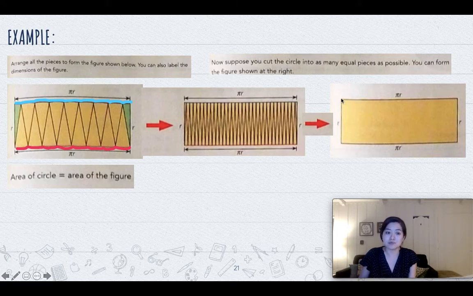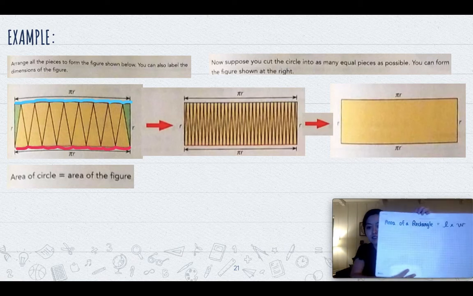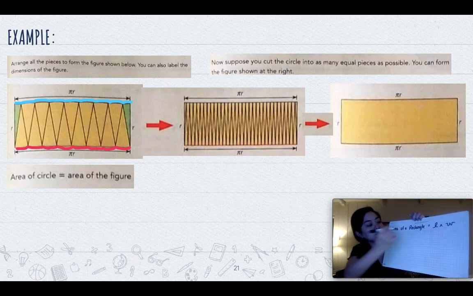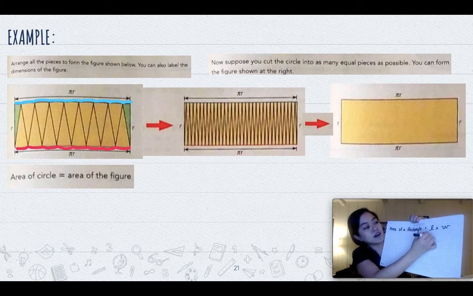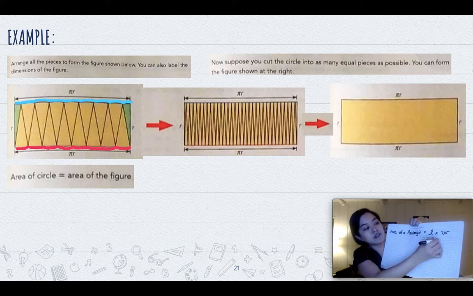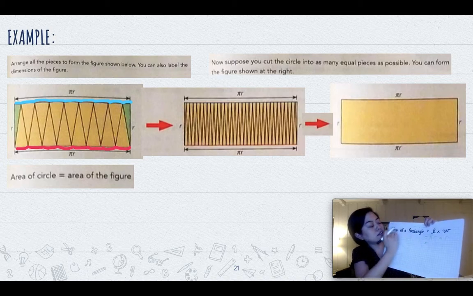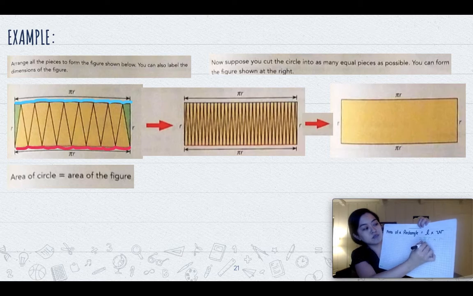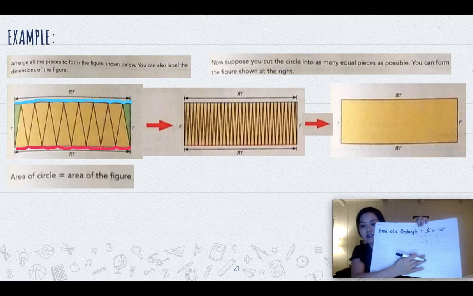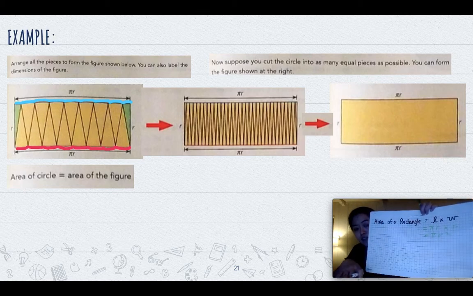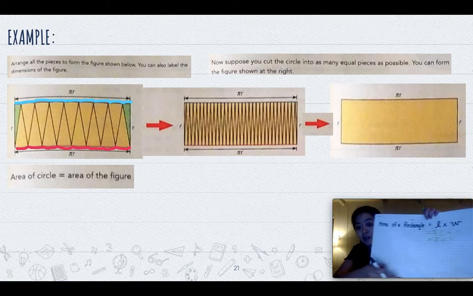Where the area of a rectangle is length times width, and the length in this case is pi r, and the width is r, and then the area of that rectangle is pi r squared, which means that the area of the circle is pi r squared.